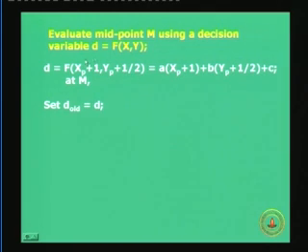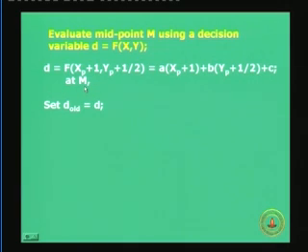Those are the coordinates for the value m, not integers. You substitute the value of m in the expression of f which has been written earlier, and this is the expression which you have for the decision variable d evaluated at point m.